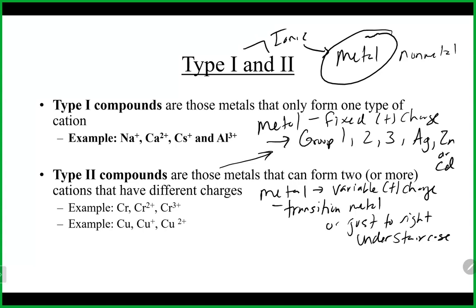But type 2 metals can vary, depending on the numbers of other atoms they're attached to, as to what positive charge they have. The good news is it's not super hard to figure out what charge you're dealing with, but you do have to take that extra step. So when you identify that metal as a type 2 metal, the first thing you think about is that it could have a variable charge, and I need to first figure out what the charge is on it before I proceed to the naming part.